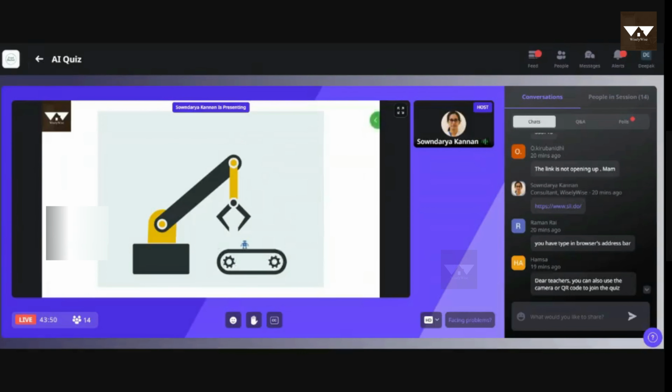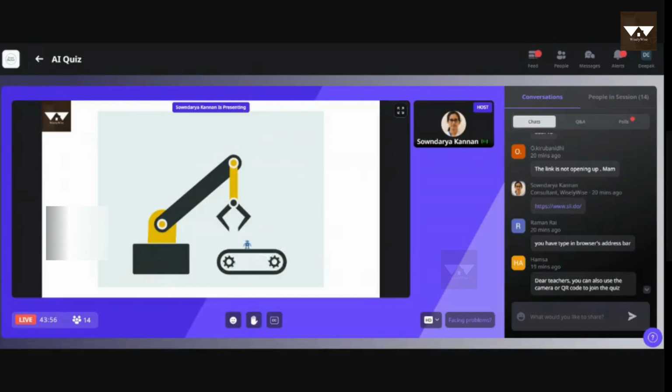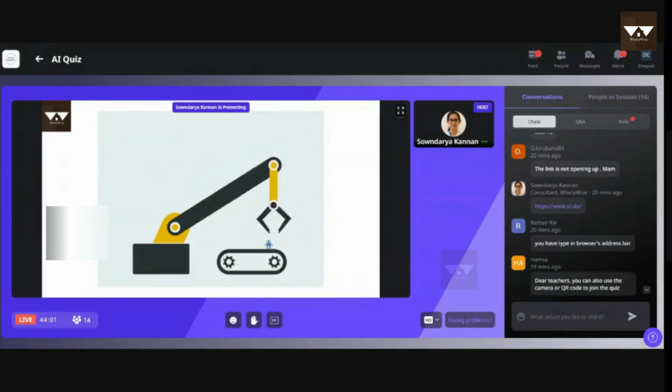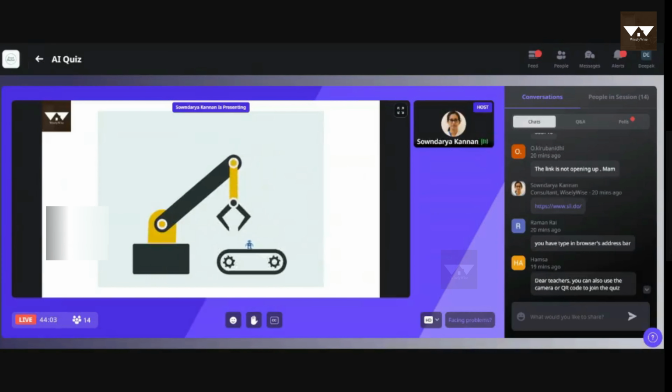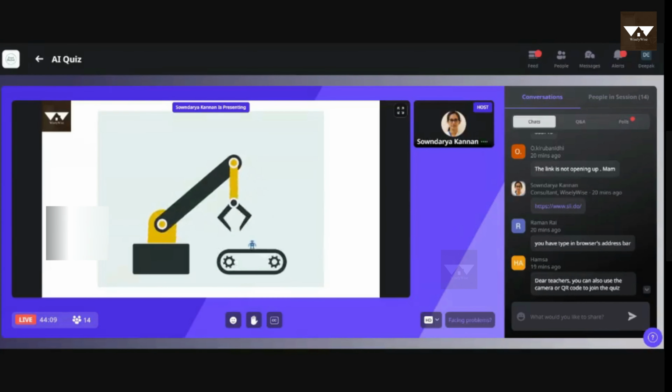Okay, this is purely a GIF. There is no writing or anything like that. Here the robot arm is picking and placing an object from the conveyor belt.